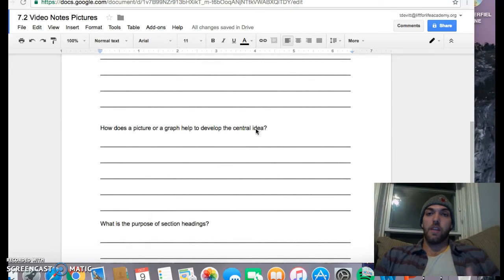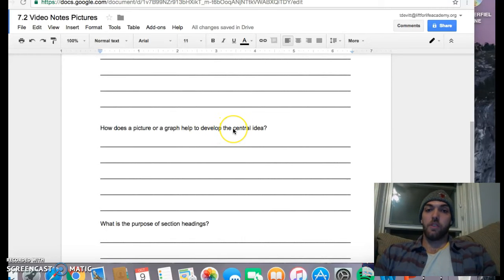It helps to see an actual visual picture of it. So the way that it helps to develop the central idea is it just gives us another way to understand it. It gives us another way to see the main idea that the author is trying to develop.